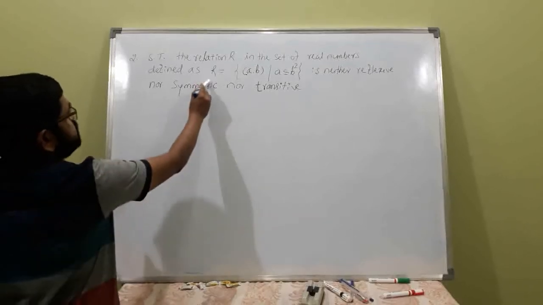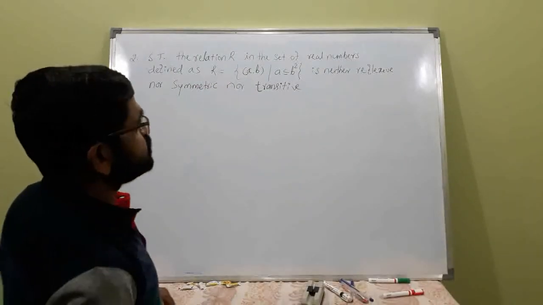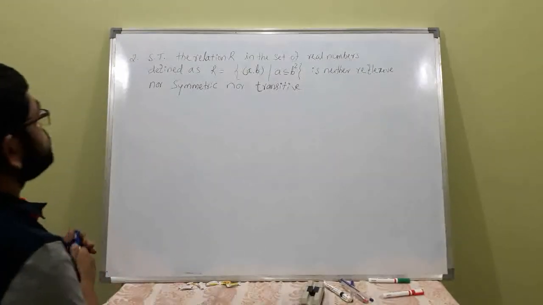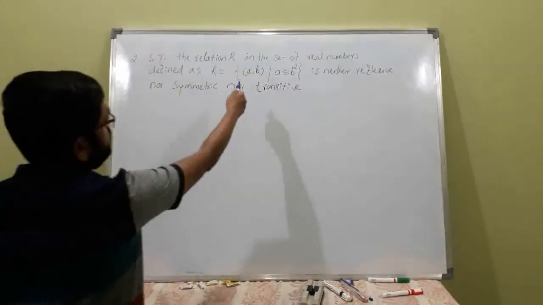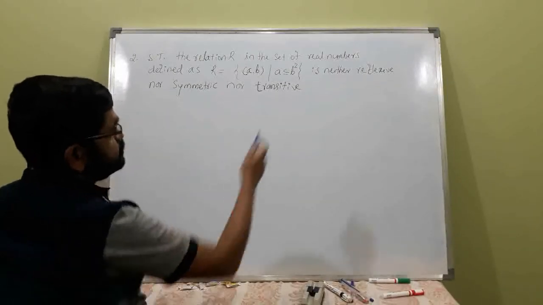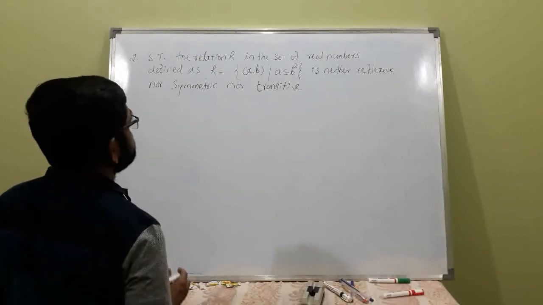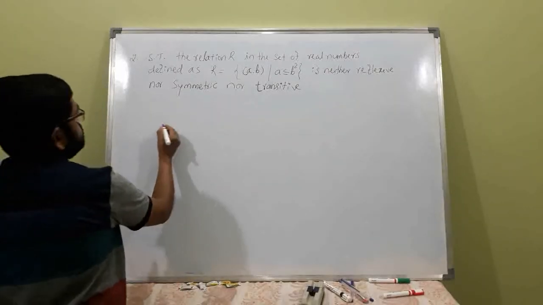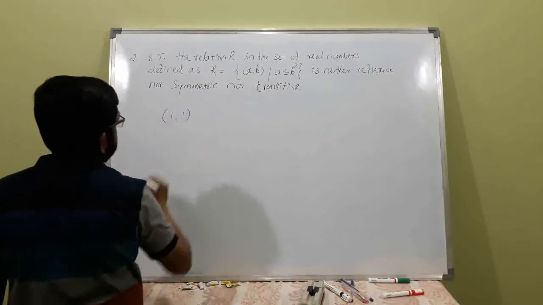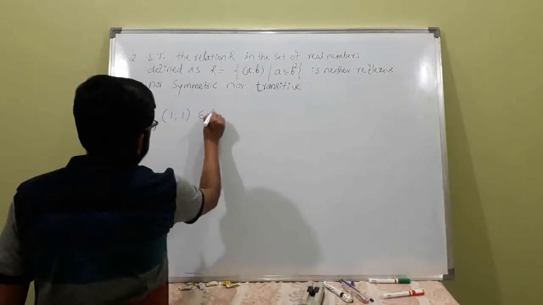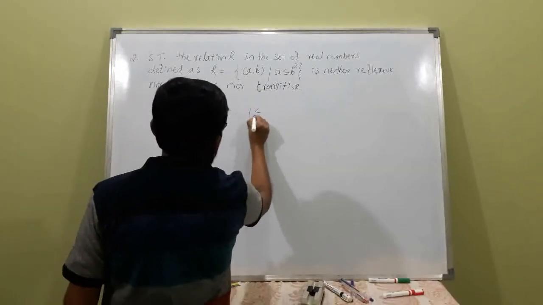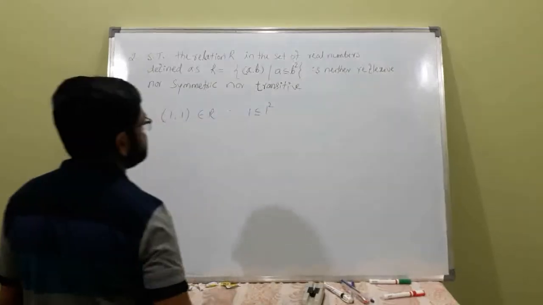See, this is the relation (a, b), a is less than or equal to b square on real numbers, that you have to remember. Okay, what happens? Let us check the reflexive property. Say (1, 1) belongs to R because 1 is less than or equal to 1 square.